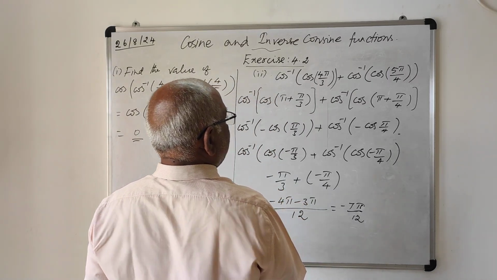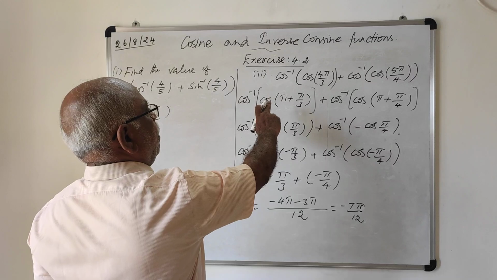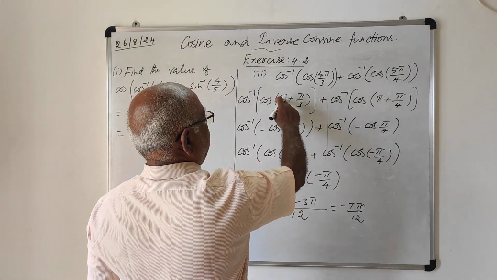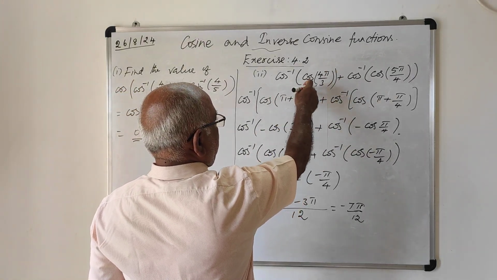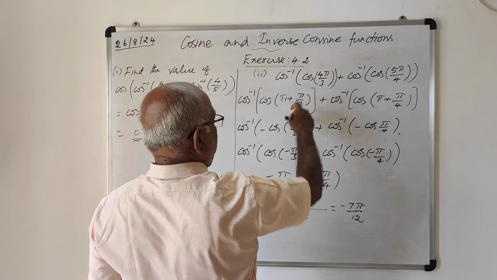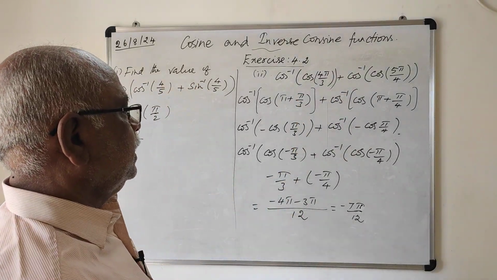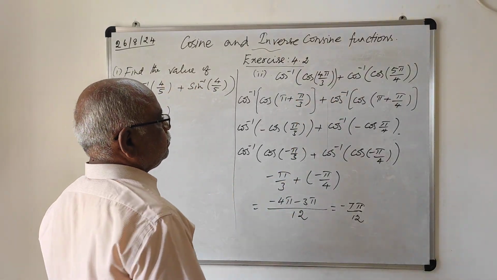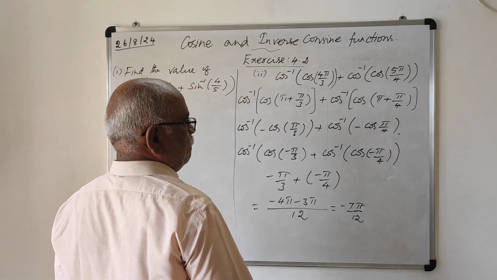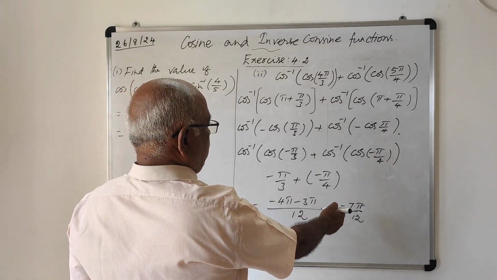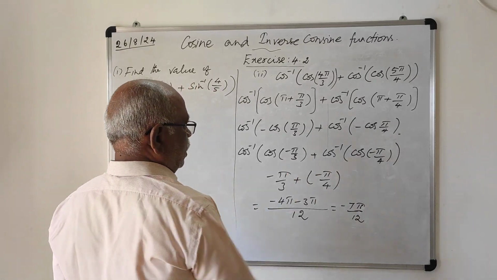So this is your answer. That's all about this problem. The answer for this is minus 7 pi by 12.